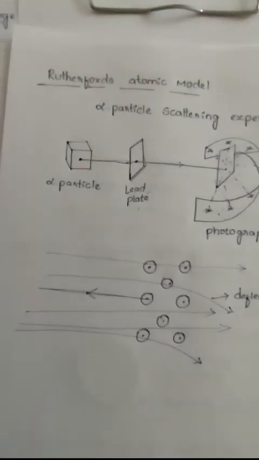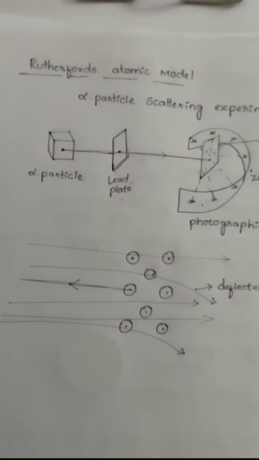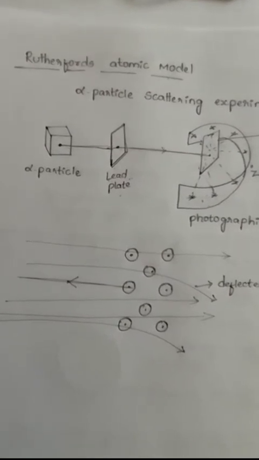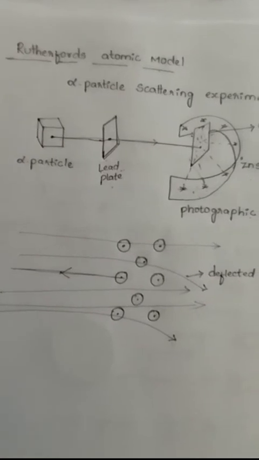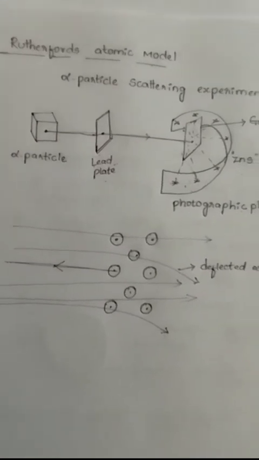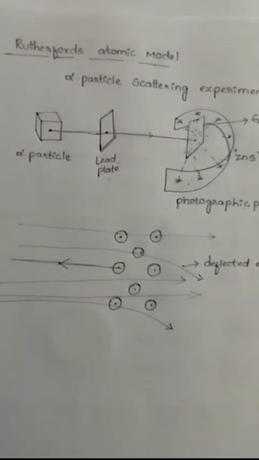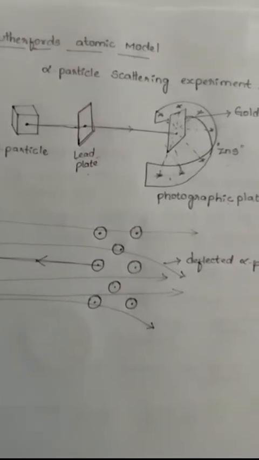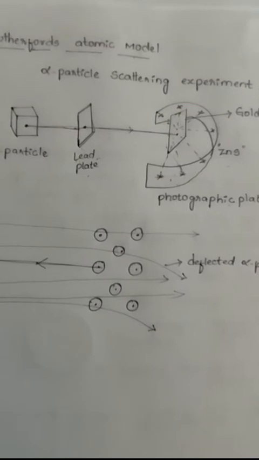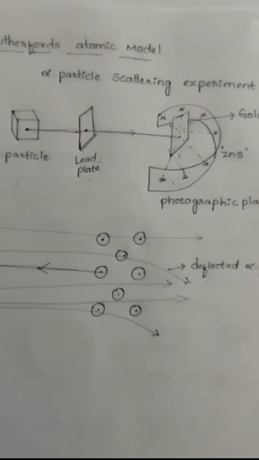According to the Thomson model, as the mass is uniformly distributed, Rutherford thought that the alpha particles would penetrate through the gold foil but may be deflected a part of it.